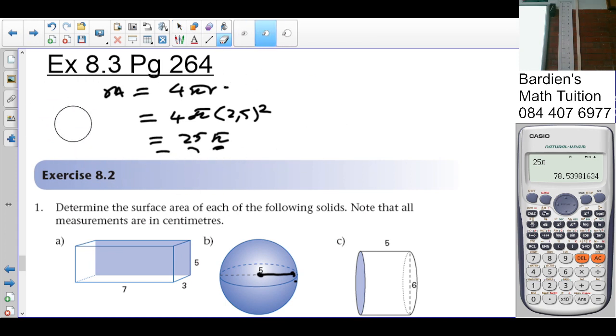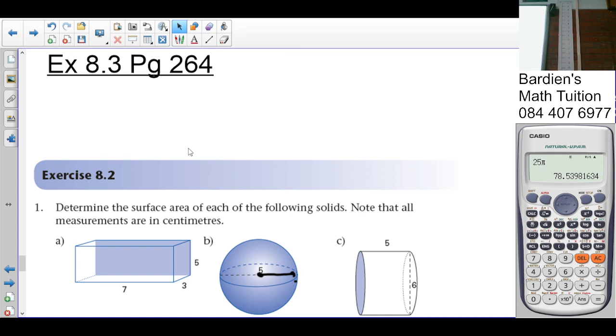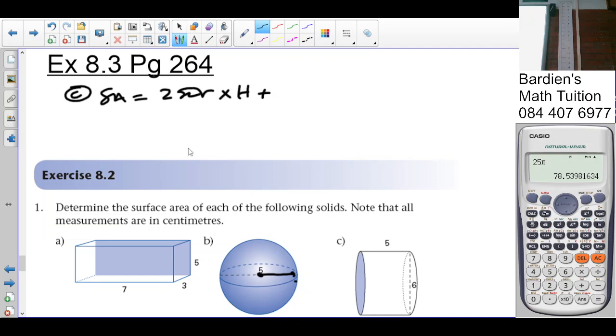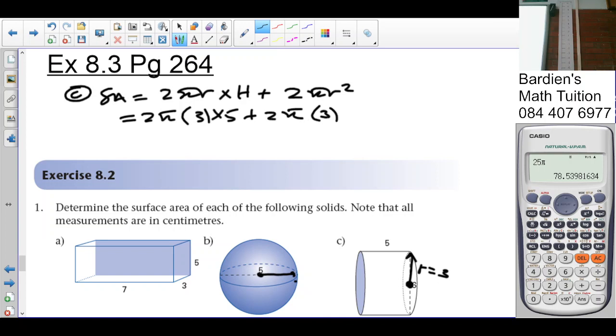That one. Mubarak. See? The total surface area, this is the cylinder, perimeter of base times height. So the perimeter of this base is going to be, this base is circular, so it's 2 pi r times the depth of the object plus 2 times area of base, pi r squared. So it's 2 pi, the diameter is 6, so the radius has to be 3. So it's going to be 3 times h, which is 5, plus 2 pi times 3 squared.